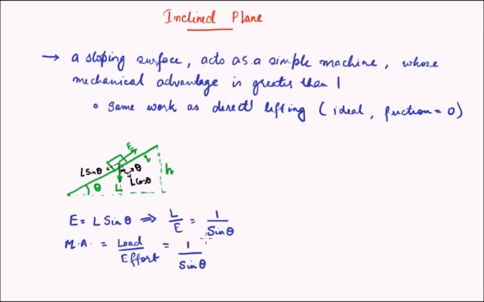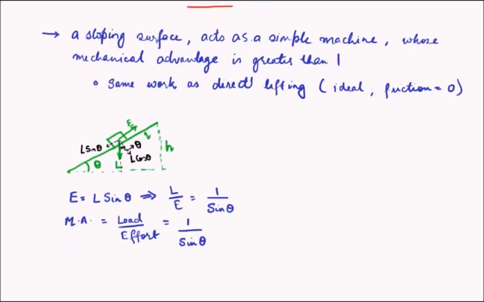Now another important thing is that we can convert this in terms of length and height. How so? Using this, we know that sine theta is opposite side upon hypotenuse.